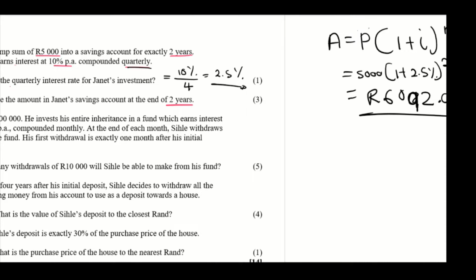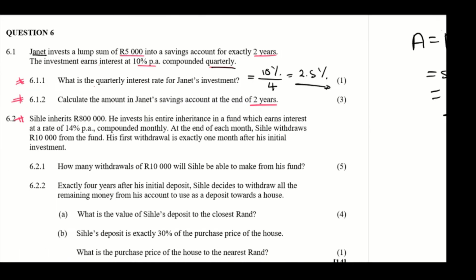So now in 6.2, we are told that Sihle inherits 800,000 Rand. He invests his entire inheritance in a fund which earns an interest rate of 14% per annum compounded monthly.